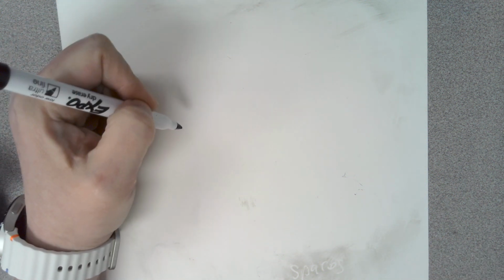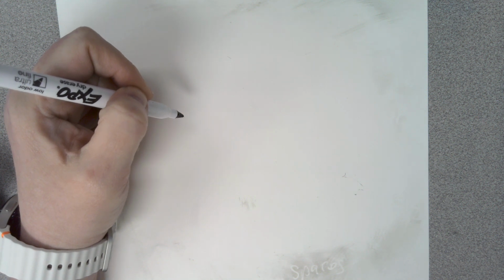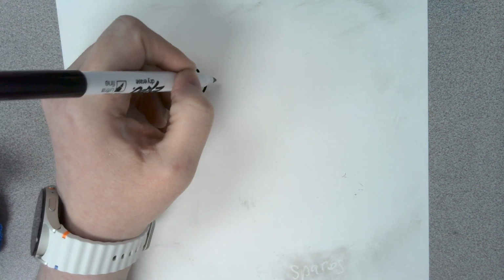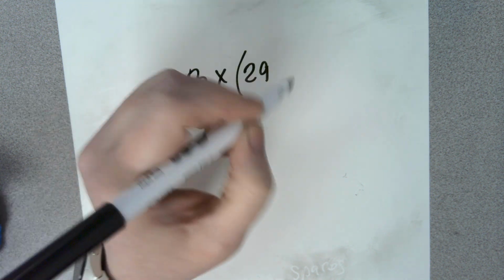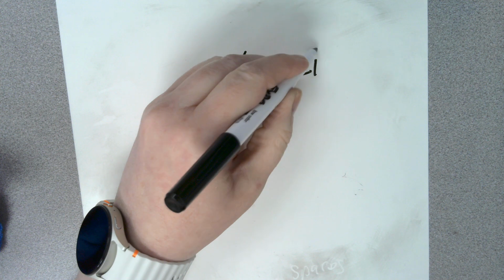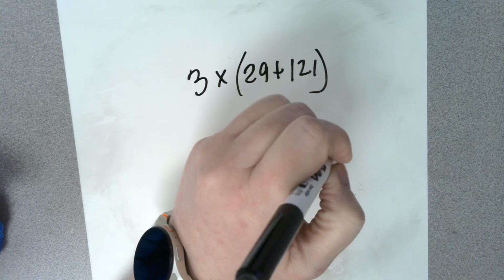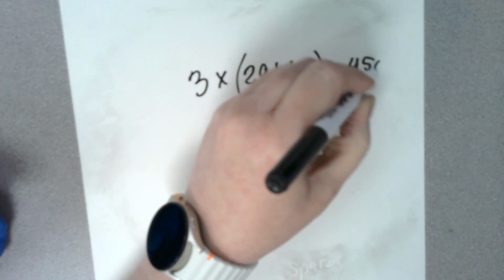So one of the things that you might see when you're doing this is you might see something like 3 times 29 plus 121 equals 450.